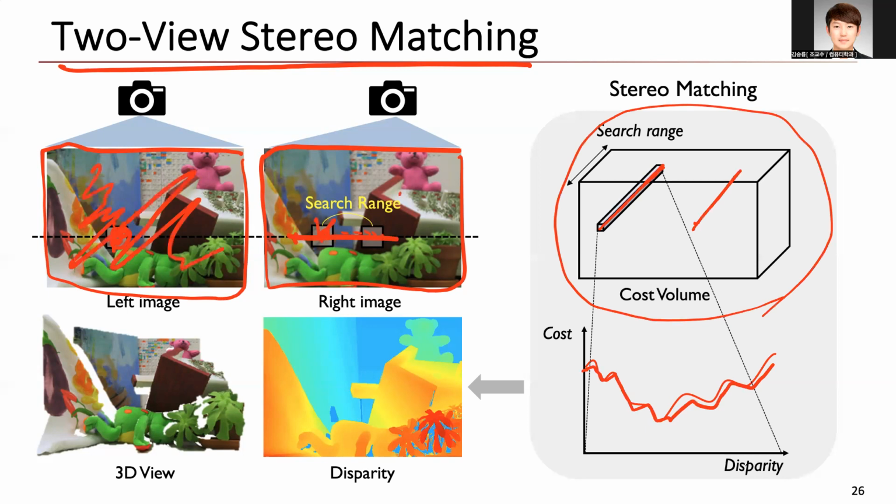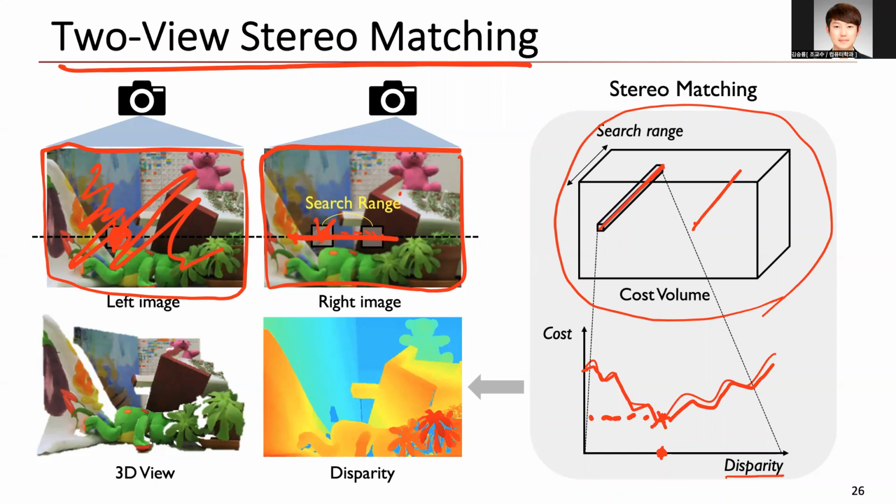And by finding the pixel that has the minimum cost, we can say that the displacement from the reference point to the candidate point is going to be the disparity.